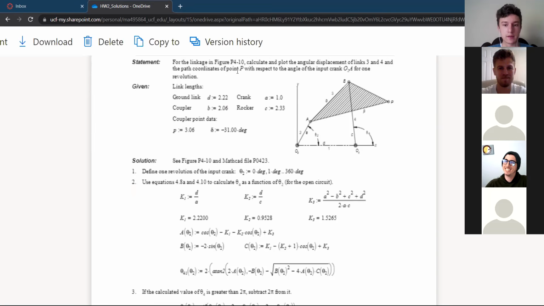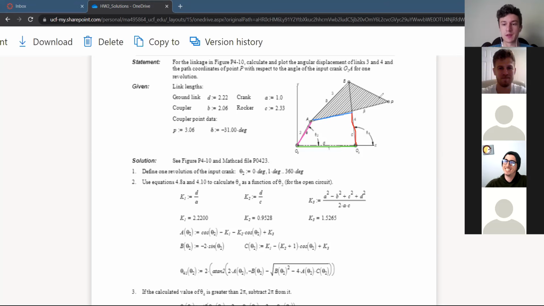So again, they give you the dimensions of all your links. Remember, length D is basically always going to be the link between your origins. Link 2 dimension is A, link 3 dimension is B, and link 4 is your C. So we're actually given all of these dimensions.